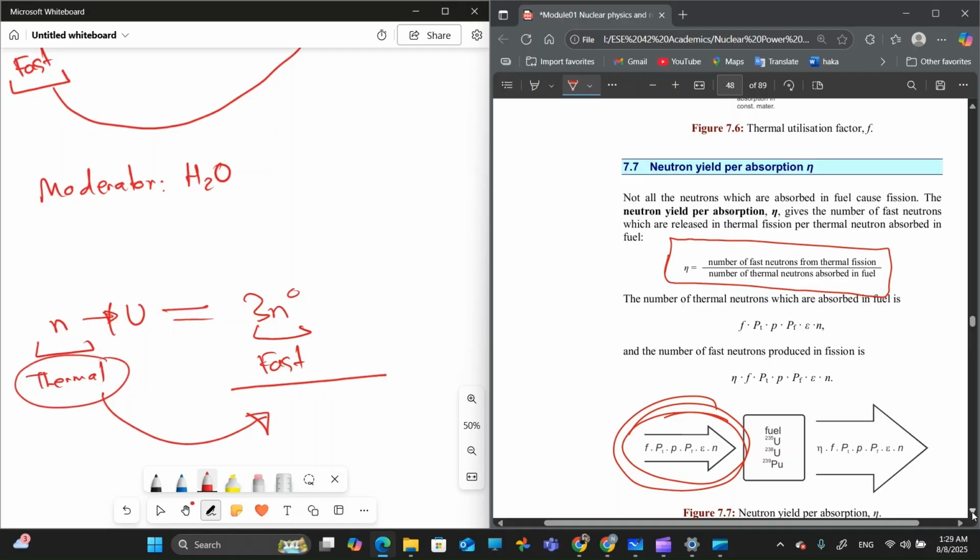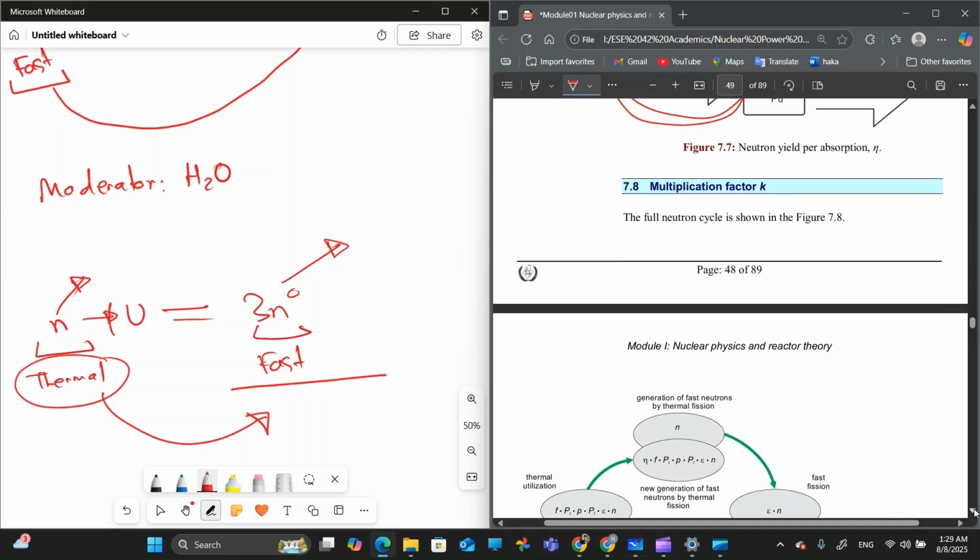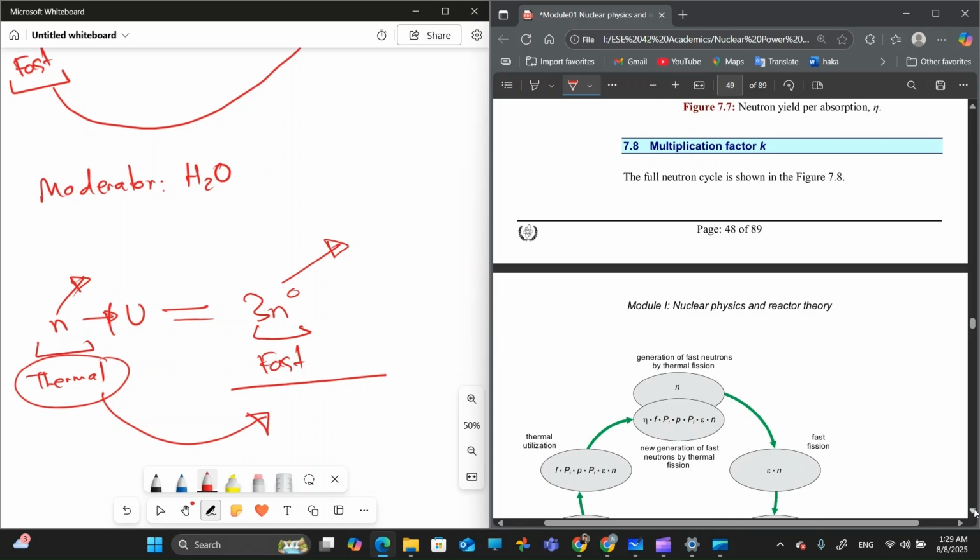So this part is the death of these thermal neutrons and the birth of these fast neutrons, and these three fast neutrons will continue its life going through the cycle, repeating the cycle again. Okay, now we have a multiplication factor.